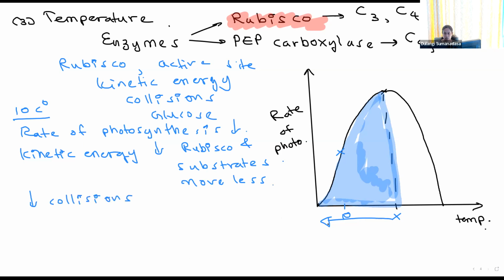So there are fewer collisions between the Rubisco's active site and the given substrates. That means less glucose is produced.